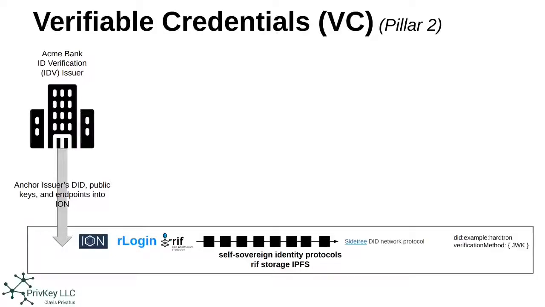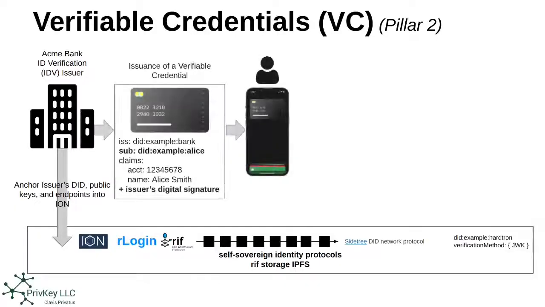So the point here is that the bank is now the one authorized to put these credentials in there on behalf of the users, right? Now what happens is that the issuance of the verifiable credential is basically the user being able to grab that DID that they have. So we've anchored the information into the blockchain, and now we've handed it over to the user.